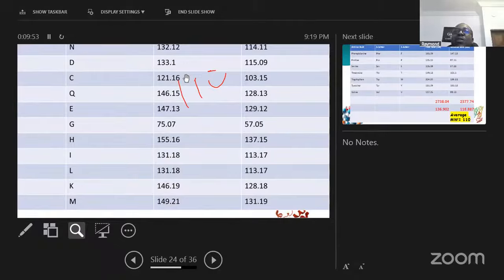Since the majority of amino acids found in the protein are not even up to 110, if we add those smaller amino acids together, it will approximate to 110. So we decided to accept 110 as the average molecular weight of a residue amino acid.